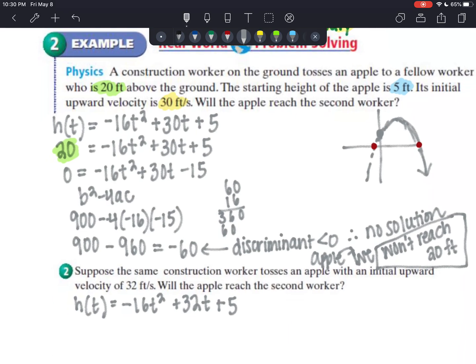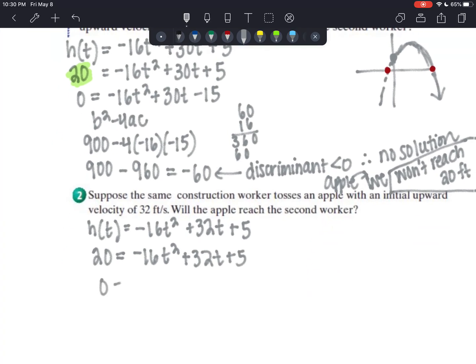So nothing else has changed, just the velocity at which he initially throws the ball. So we want to know if it's going to get to be 20 feet high. So we have 20 equals negative 16t squared plus 32t plus 5. We'll put this equation into standard form.